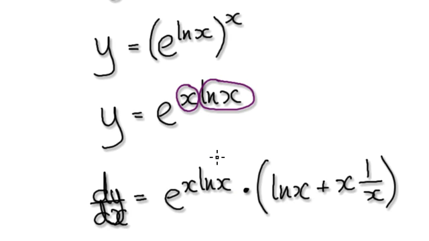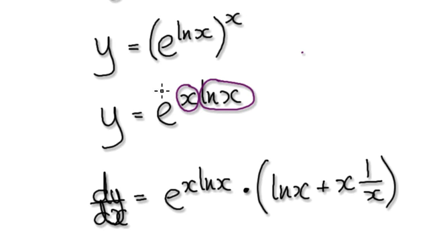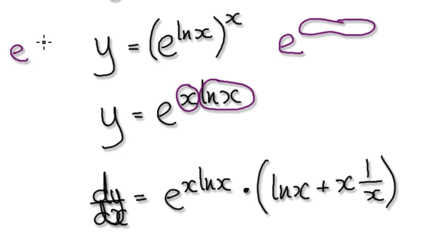Okay. So now differentiate this. But just imagine this as being e to the power of something really complicated. So when you differentiate this, it will be e to the power of something complicated, and then you've got to times the differential of this bubble, because this bubble is a function of x.